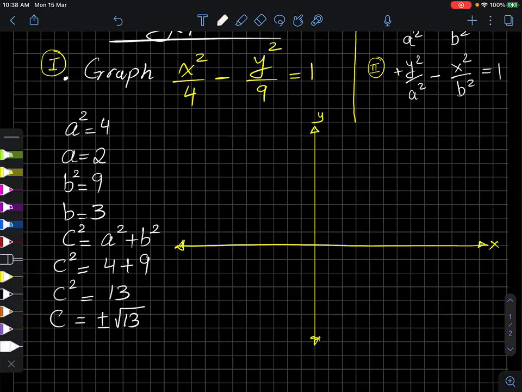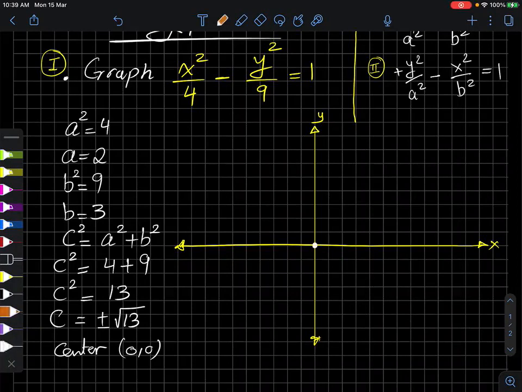And now let's plot our center. What's the center? Yes, 0, 0. There is no h and k here, the same as the ellipse. So we can say quickly that my center is 0, 0. We will start by plotting my center, which is 0, 0.